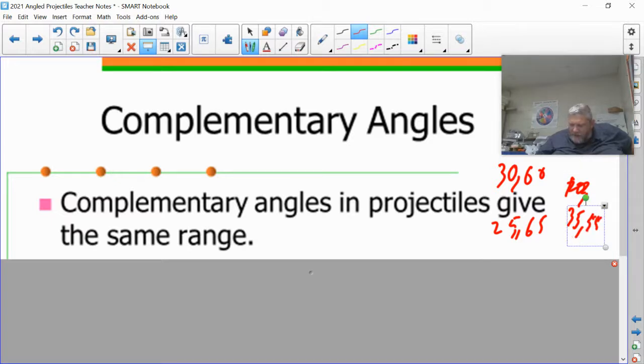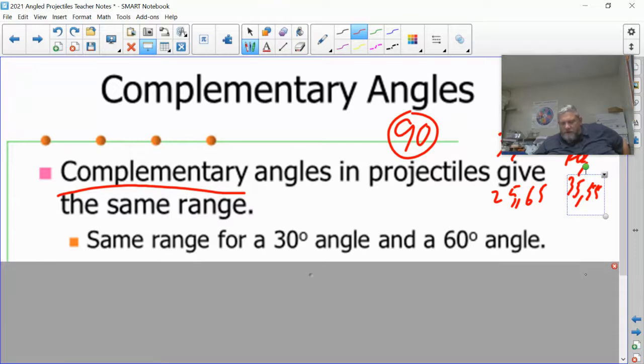When you add these numbers together, you always get 90. And remember, two angles that add to 90 are known as complementary angles. And so a pair of complementary angles that add up to 90 give the same range.